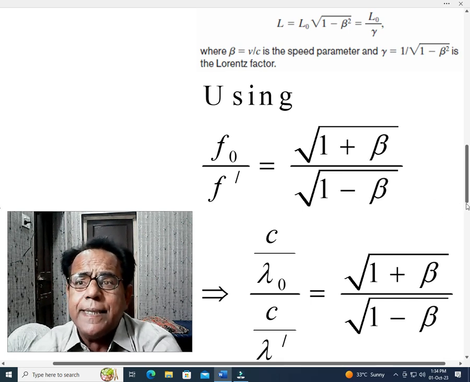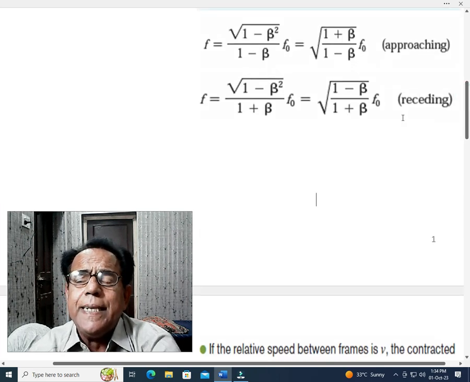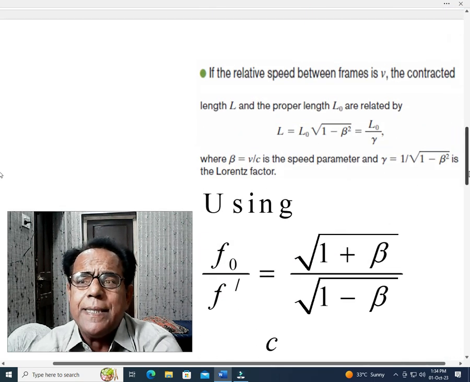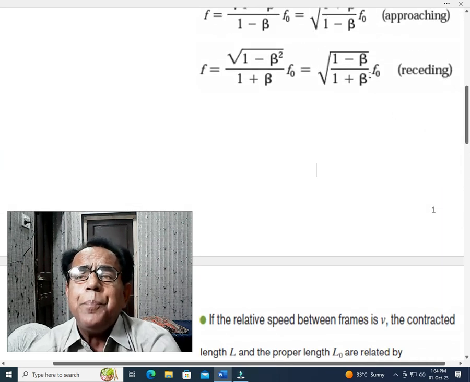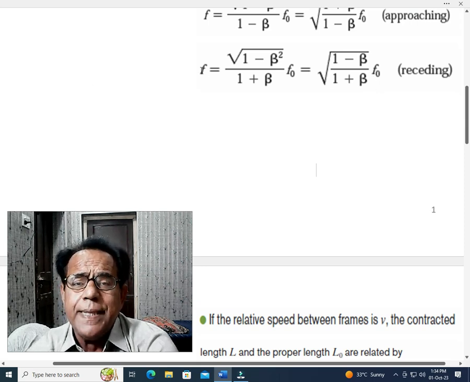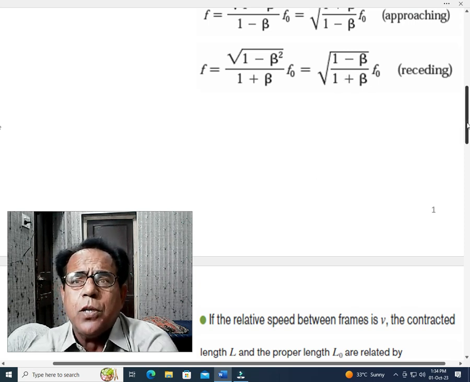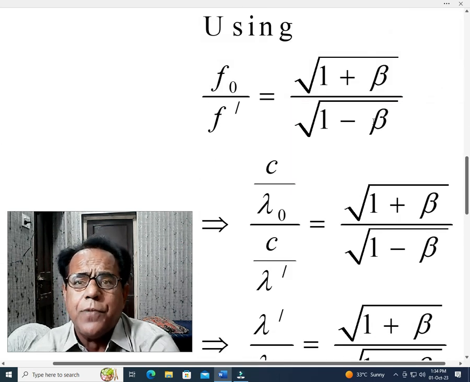This is the receding case, where 1 minus β is above and 1 plus β is below. The reason behind this is that this f will be shifted to the other side of the equality, and this factor will also be shifted, and hence f₀/f' will become √((1+β)/(1−β)).